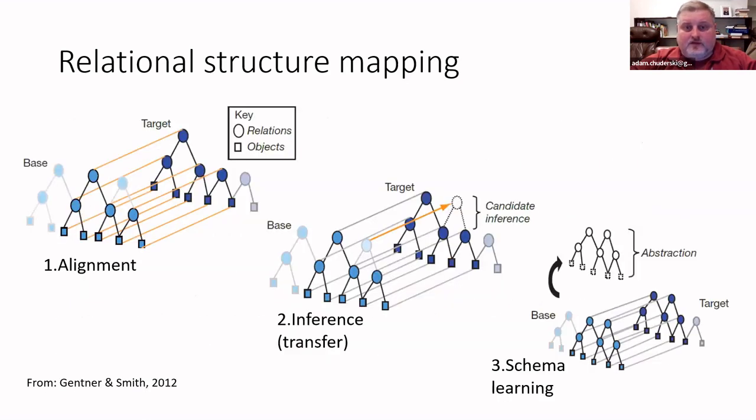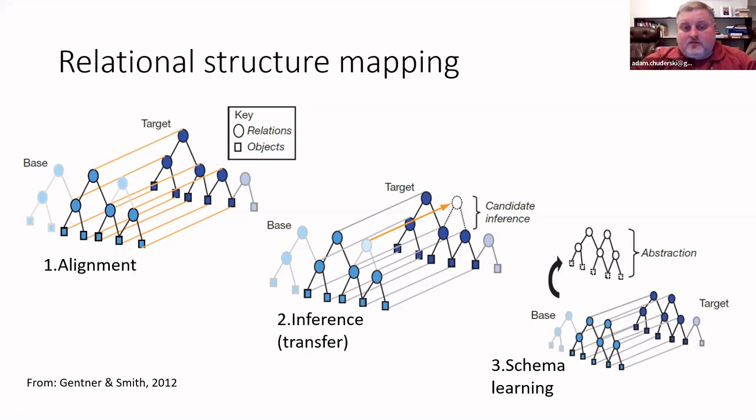This is also an illustration of how structure mapping, according to this theory, should look. The picture I borrowed from Gentner and Smith, 2012. So first there is an alignment, some abstract representation of elements and relations between them in the base, which is the more familiar analog, and in the target.